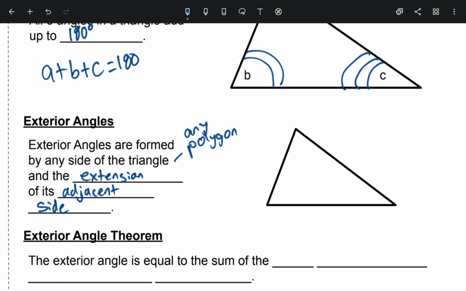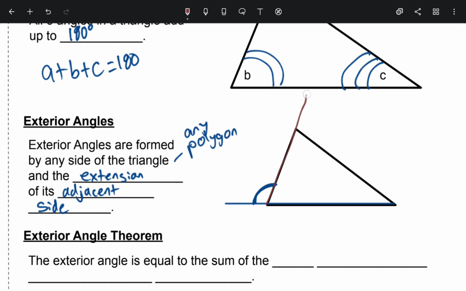So if we look here, I'm going to take this bottom side and stretch it out, and now I have an exterior angle.